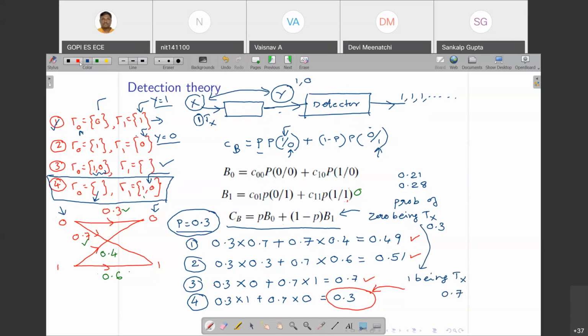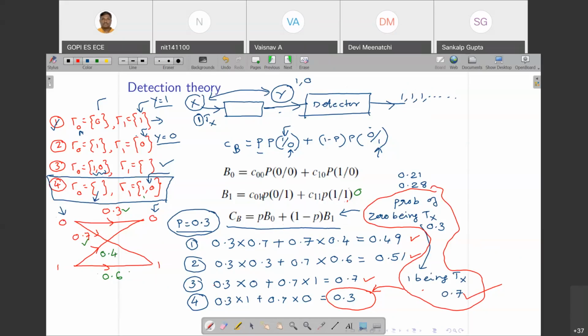So what does it mean? Most of the time, what is actually being transmitted from the transmitter is 1 only, because it is 70% of the time. And we have some characteristics in this, because it is not a perfect channel, you have error. When 0 is transmitted, it is ending up with 0 or ending up with 1. When 1 is transmitted, it is ending up with 0 or 1. We have error in it, right?